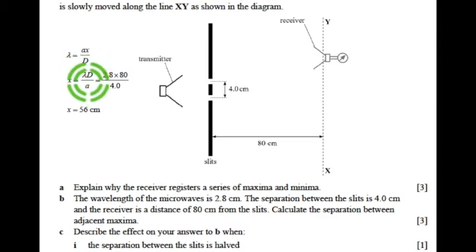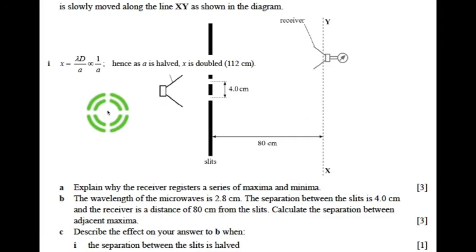So this is a question where we want to know the relationship between the separation between slits, which is a, and x. So x is inversely proportional to a. That means if we halve a, we're going to double x. If we halve the separation between the slits, that's a, we're going to double x.